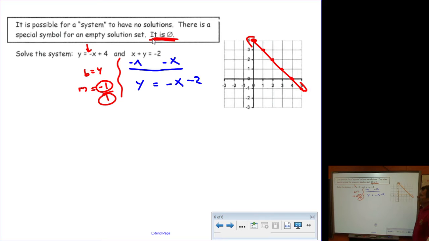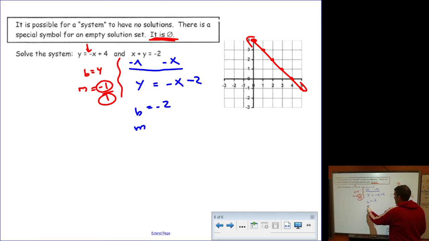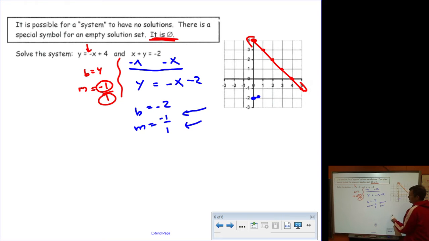This one has a y-intercept of negative 2, and it's got a slope of negative 1 over 1. So I'm going to want to put a dot at the y-intercept, which is negative 2 right there. And the slope is also down 1, right 1.